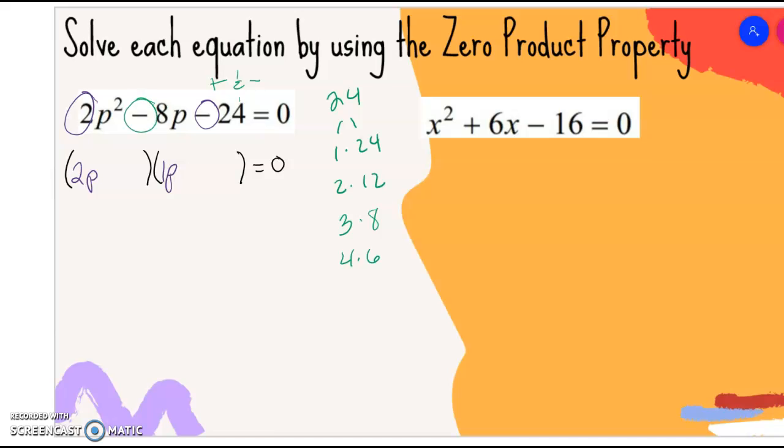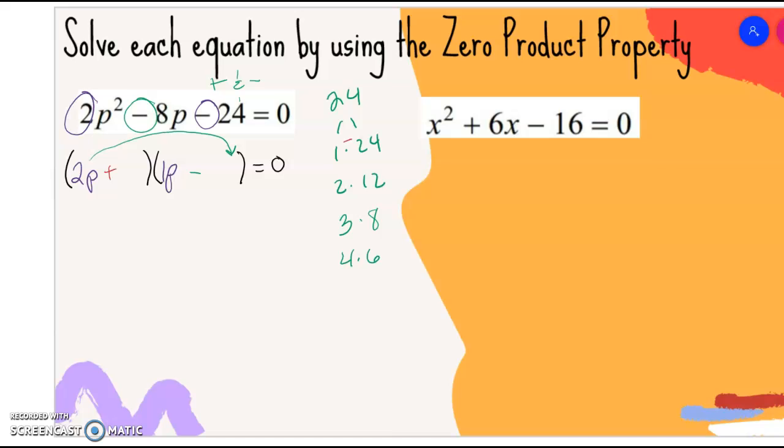This negative B term, this negative 8, tells me that the larger value, like if I'm doing the factors 1 and 24, 2 times 24 needs to be higher. So any number times 2 needs to be negative, and the other one needs to be positive.